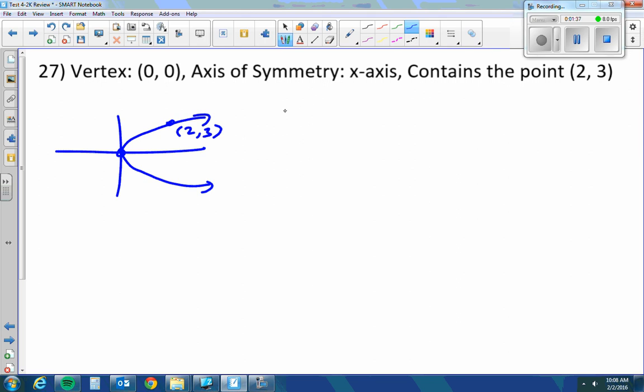So if it's horizontal, then you have this form. Except it goes through the origin, so really h and k are both 0, so really you have this form. And if they gave you a point, they give you an x and y, so plug that in for x and y.